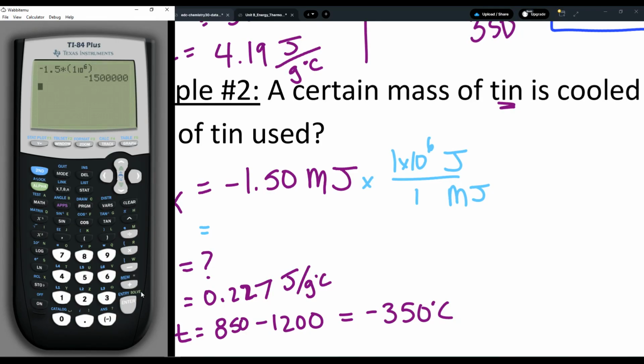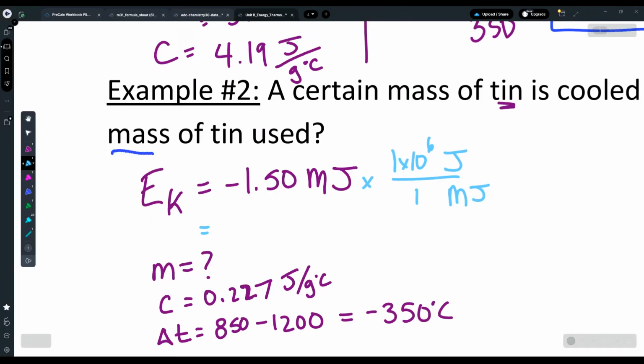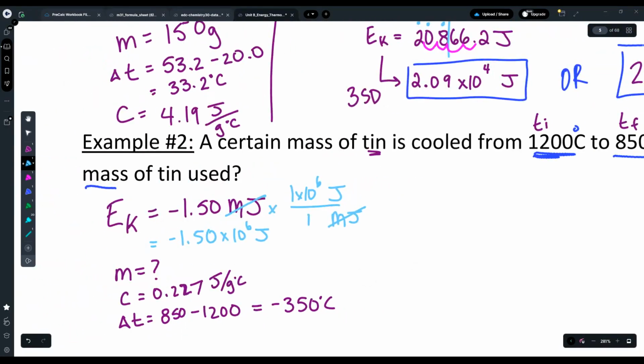So that's going to be negative 1,500,000. You could write it as that, or you could just write it as negative 1.50 times 10 to the power of 6. And that'll be joules, because megajoules canceled out.